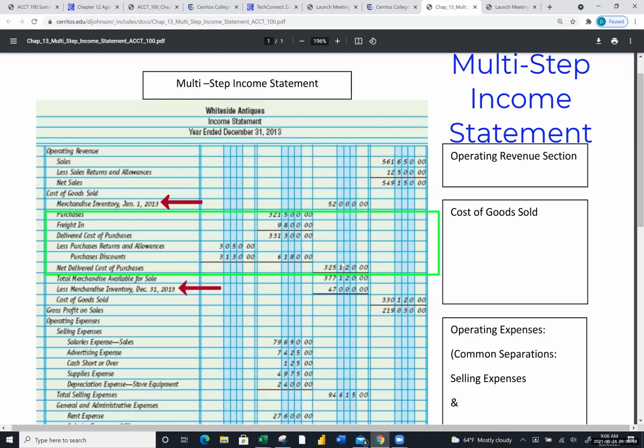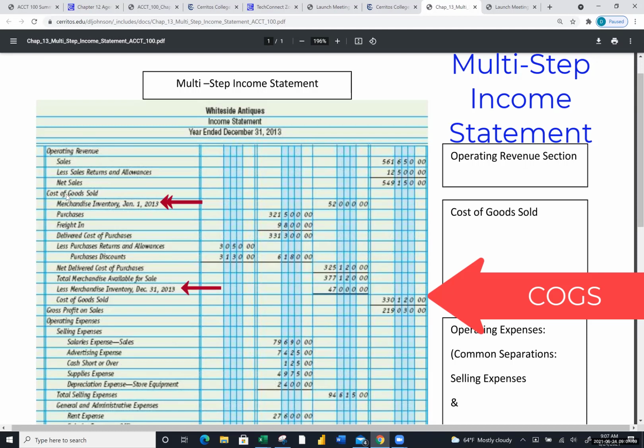Well, here's why we need this inventory adjustment, because the largest chunk on this income statement is called cost of goods sold. It's like 4 line items from the top. Cost of goods sold is a number that is exactly what it says.